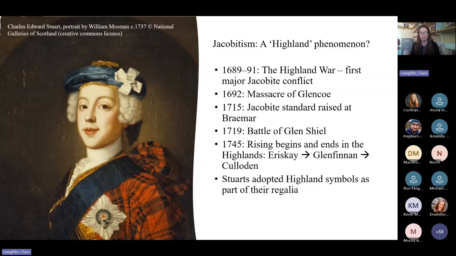We've just talked about the Highland War. Major incidents in Jacobite history, like the Massacre of Glencoe, the 1715 Rising, the 1745 Rising, they have their beginnings and their endings in the Highlands. And the exiled Stuarts themselves, moreover, adopt Highland symbols as part of their regalia. So we see a picture of the young Charles Edward Stuart here, dressed in tartan.